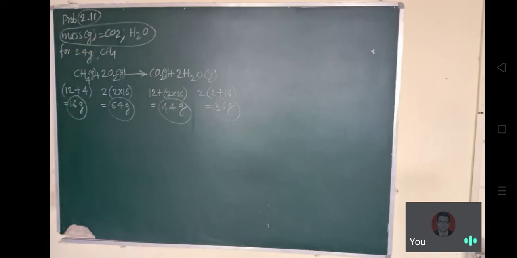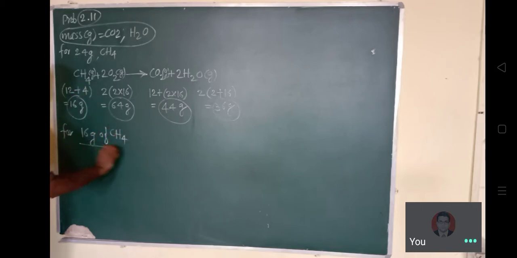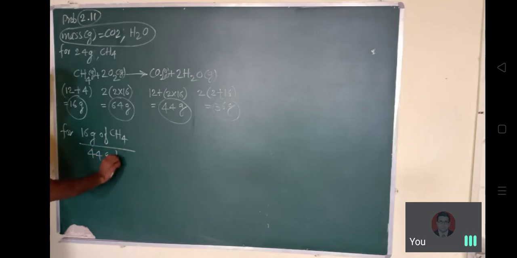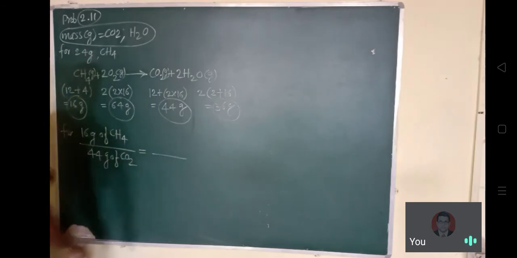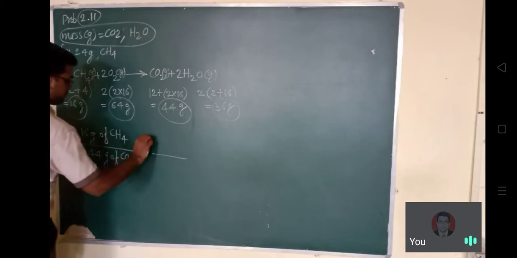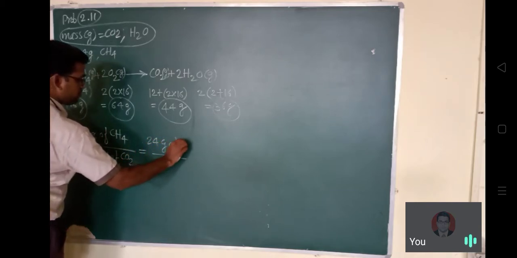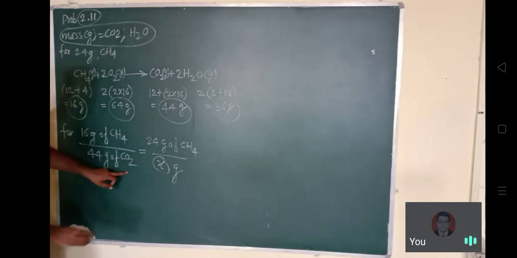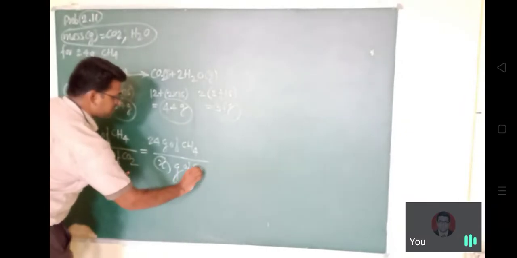So we will write that for 16 gram of methane, CH4, the carbon dioxide is 44 gram. So for 24 grams of methane, how much carbon dioxide, that is X grams, is produced?